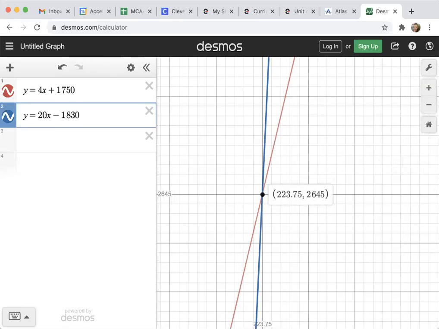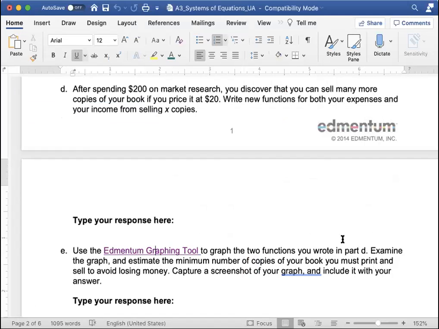I'm going to go back to my other screen. Okay, so when it says examine the graph, estimate the minimum number of copies of your book, that's what we just did. And it was 224. You would have to print and sell 224 in order to not lose money.